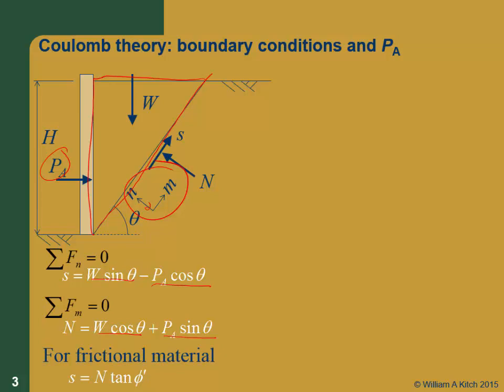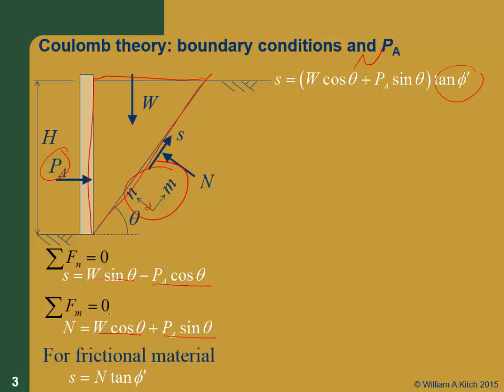Now, if we have just a frictional soil, then the total shear force that I can have on that failure surface, realize this is a limit equilibrium analysis, so we're going to assume that there's a failure at the surface, because again, this is a limit. We're looking for the limit when the soil is just at failure, just like we were doing for Rankine. So in that case, S is going to be equal to N times tan of the internal angle of friction. So we're just going to make this substitution in for S, and we're going to get S is equal to W cosine theta plus PA sine theta times tan phi, because this is my normal force, and there's tan phi, right?